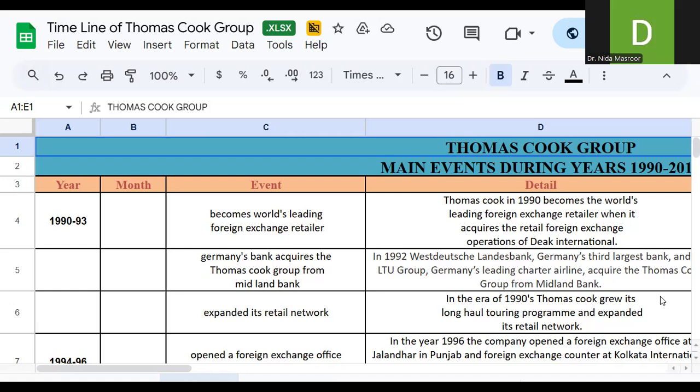For instance, if we say that in the past we have plane crash incidents of different airlines.